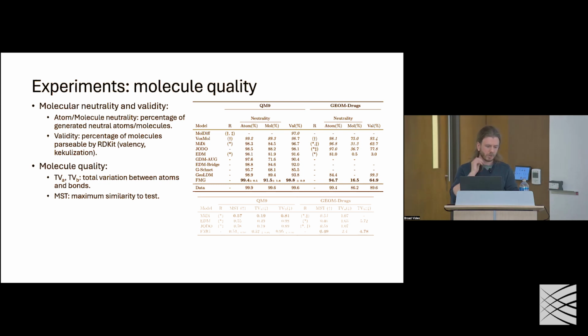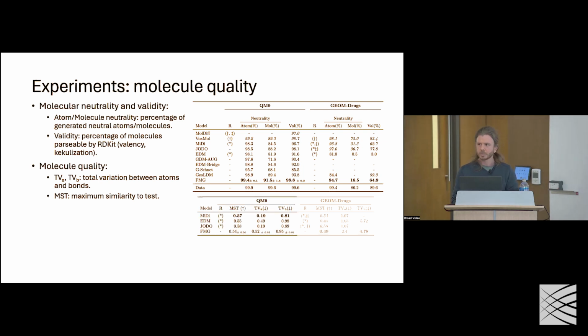So we take the Tanimoto similarity between the Morgan fingerprints of the generated molecules and the test data molecules. There is a subset of the data that is considered as the test. And then based on the most similar fingerprint, which is between 0 and 1, we measure the average maximum similarity to test of the generated molecules.